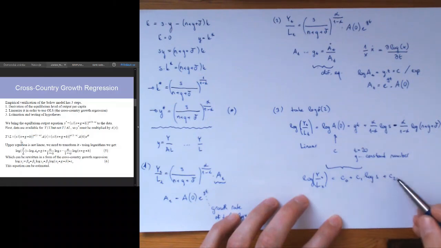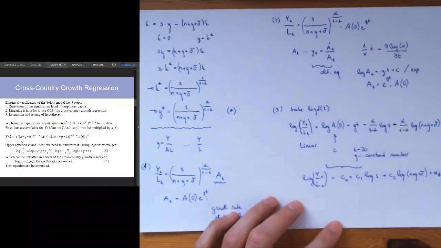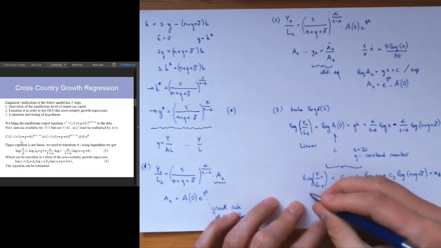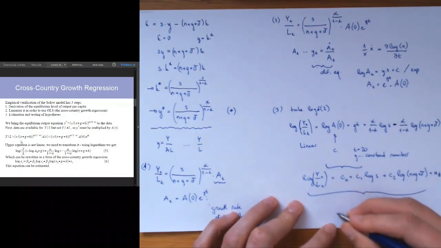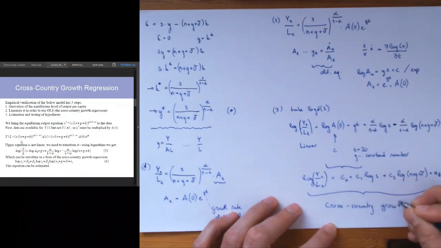It will be basically the same value with the opposite sign, but first we estimate the unrestricted regression, plus the error term u(i,t). This is our regression equation, which we can estimate using the data available. This is a basic form of what we call a cross-country growth regression.